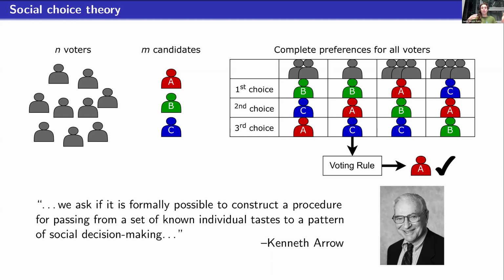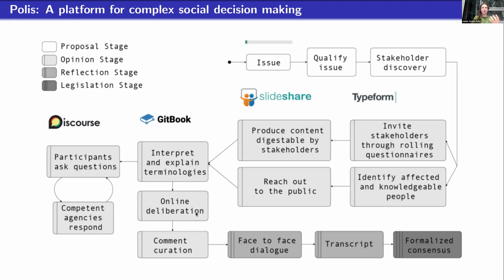And an example that we're going to take as motivating this work is the emergence of these platforms. This is a platform called Polis. The website is pol.is, and it is an online platform meant to facilitate deliberation and democratic decision making. I have a bunch of screenshots from Polis because it fits pretty nicely with the model I'm going to be talking about.